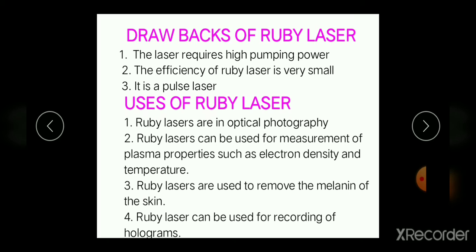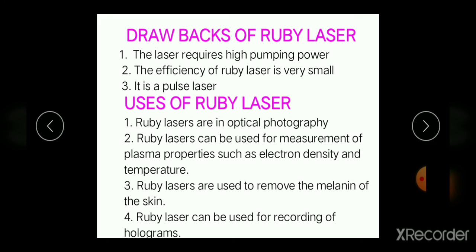These are used in optical photography, and can be used for measurement of plasma properties such as electron density and temperature, and also ruby lasers are used to remove the melanin of the skin. And one more, the ruby laser can also be used for recording of holograms, which we will discuss in our next session.